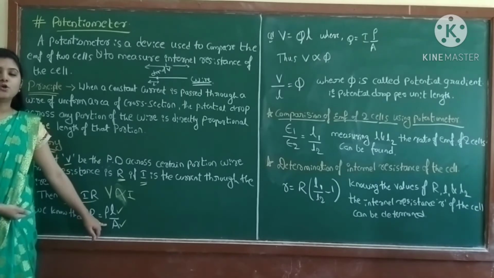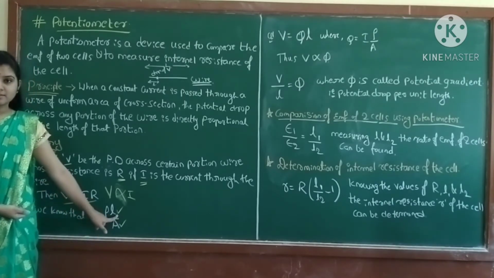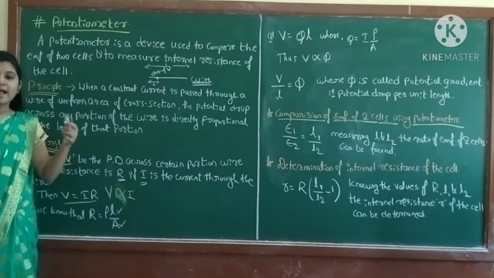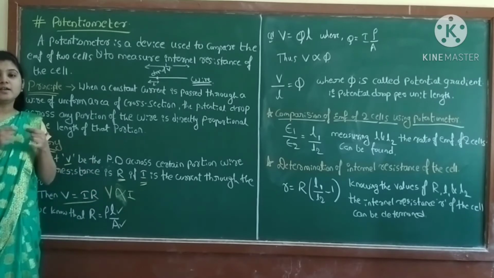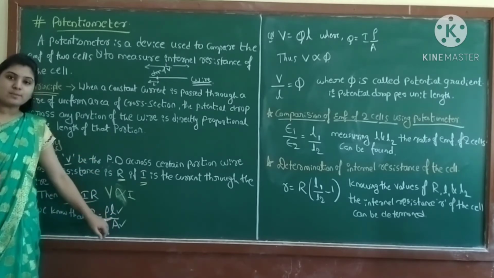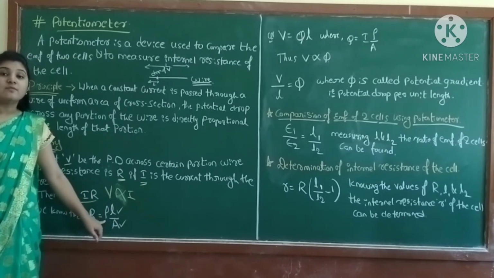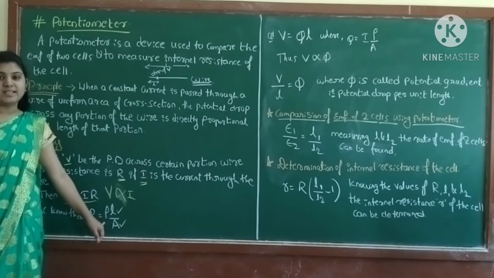Correct? So now the resistance depends upon the length of that wire and is inversely proportional to the area of the cross section. In order to remove the proportionality constant, we put one constant, that is nothing but the resistivity.